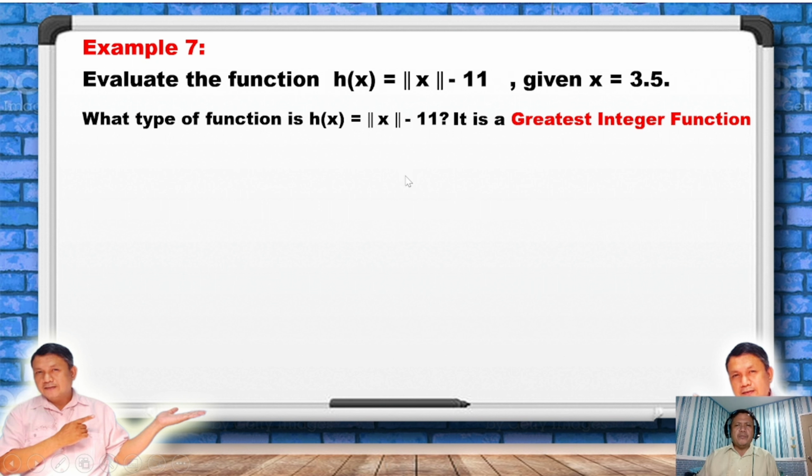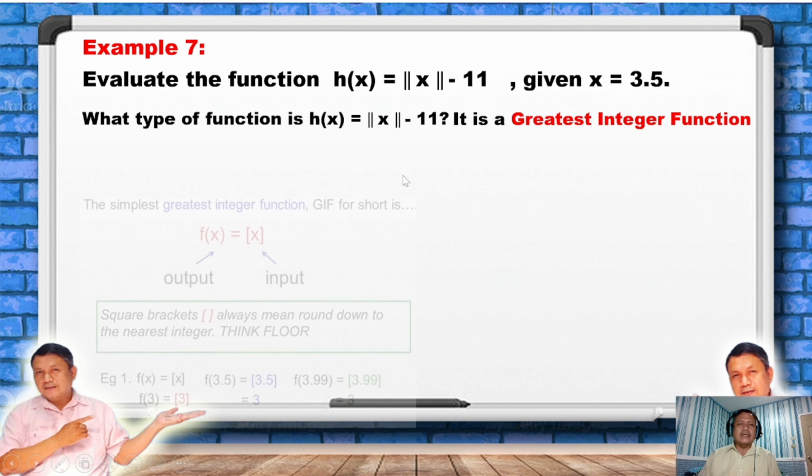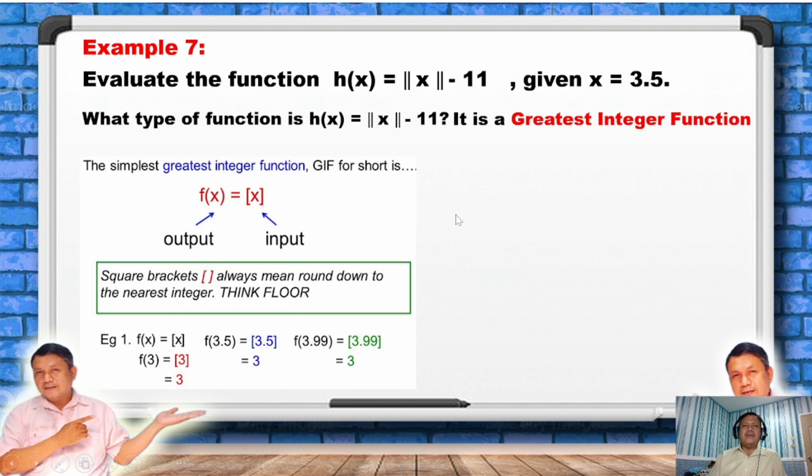Okay, ano po yung mga dapat nating tandaan? The simplest greatest integer functions or GIF for short is this. Sometimes, instead of using this symbol, gumagamit din po sila ng brackets. Again, sa illustration natin, ito yung output, ito yung input. Square brackets ang tawag sa kanya.